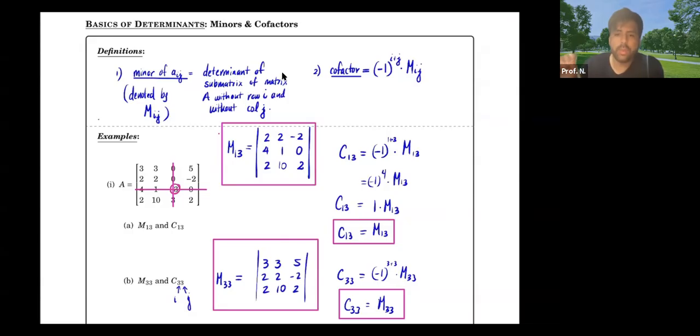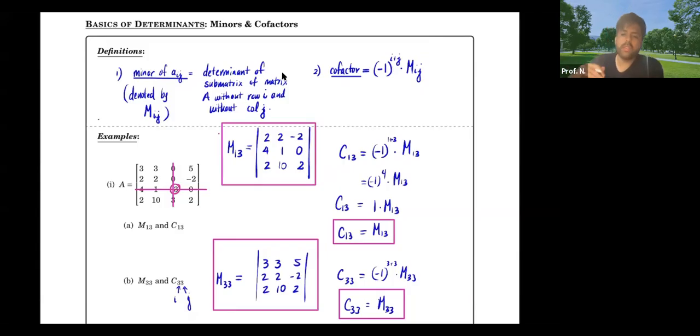So that's why we have C13. C13 is the product of negative 1 raised to the i plus j power times the minor of entry A13. And what's the minor of the entry A13? It's the determinant of the smaller matrix when you get rid of the first row and the third column.